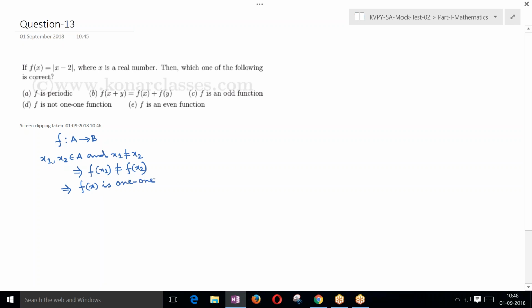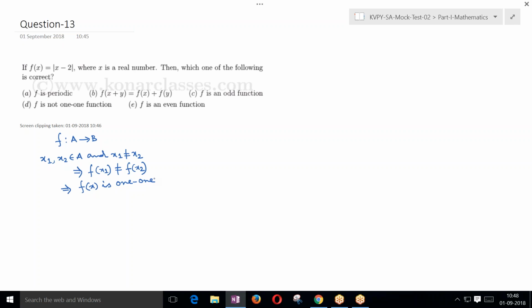That means for each distinct element in the domain set A, we get a distinct image in the codomain set B. If this condition is not getting satisfied, then we say the function is not one-one.